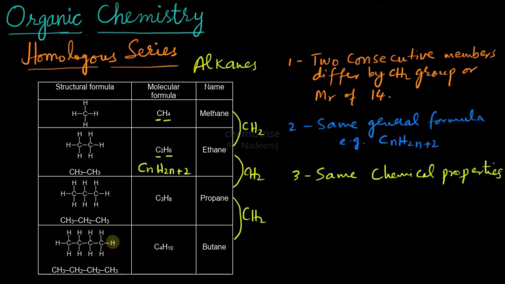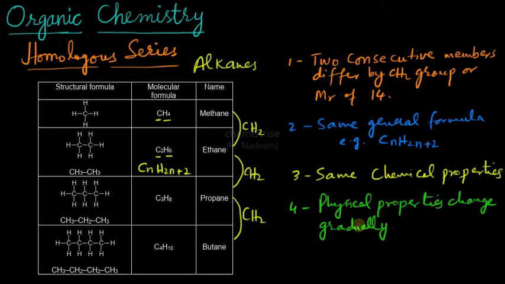Due to this reason, there is a gradual change in their physical properties, like melting point, boiling point, density. They all vary as you move down with increasing molecular mass. So we can say that their physical properties change gradually. There is one more characteristic present in a homologous series of compounds, that is that they have the same functional group. So these are the characteristics of a homologous series.